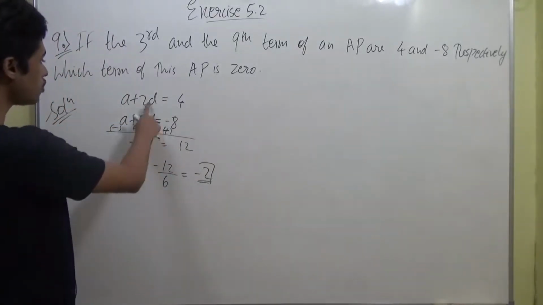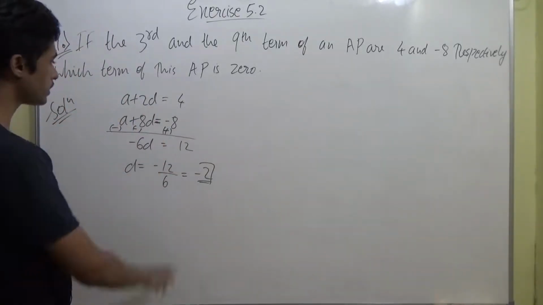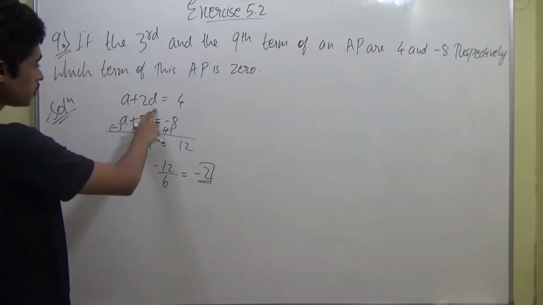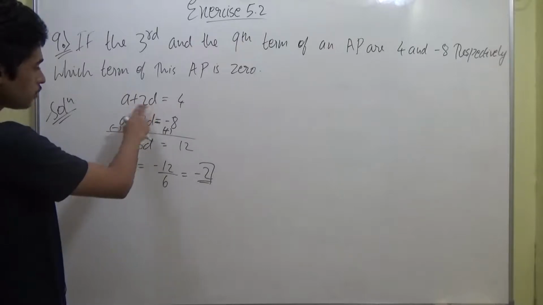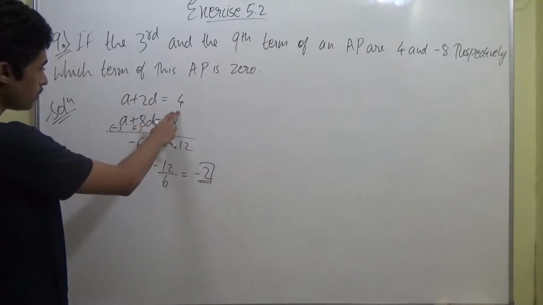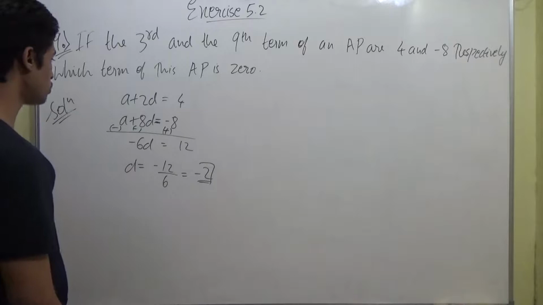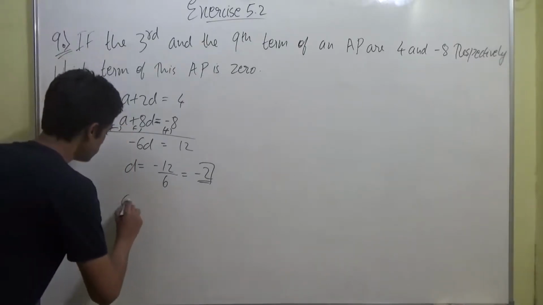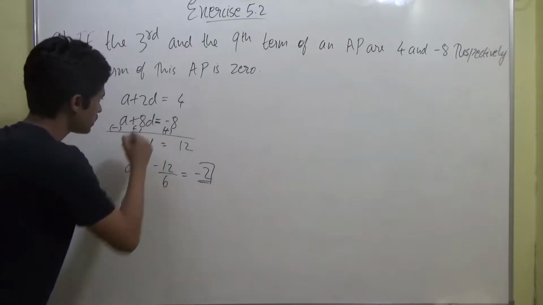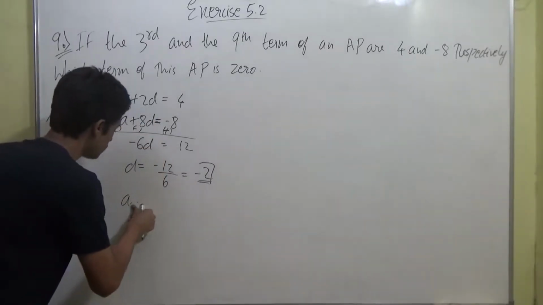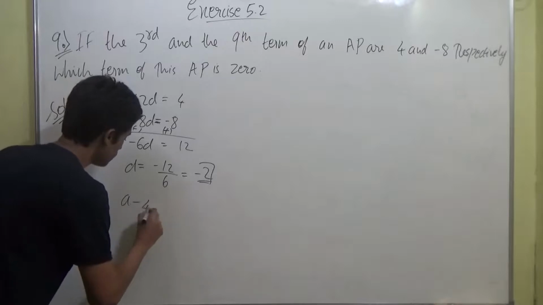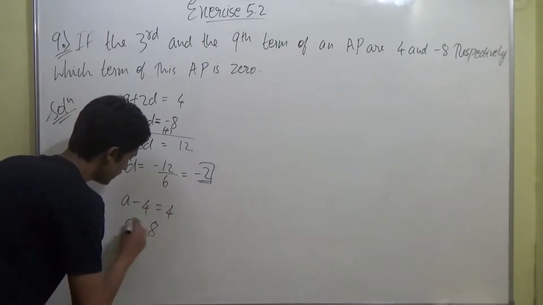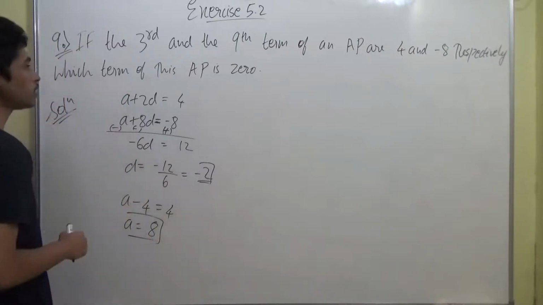If I put this value back into the first equation, I'll get a plus 2 into minus 2, that is minus 4. So it becomes a minus 4 equal to 4, which means a will become equal to 4 plus 4, that is 8. So a equal to 8 and d equal to minus 2.